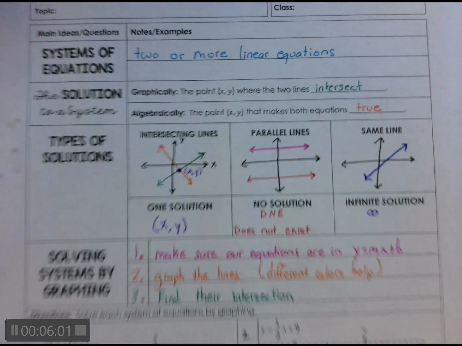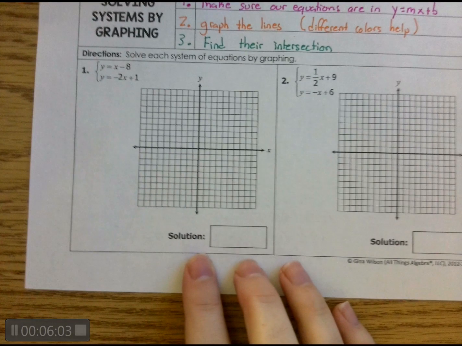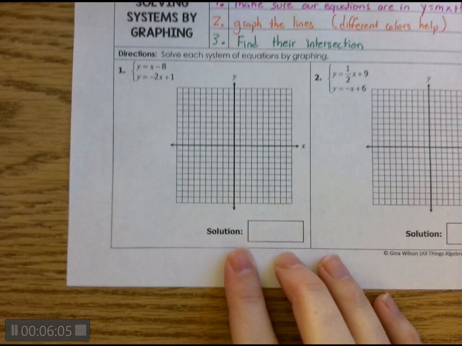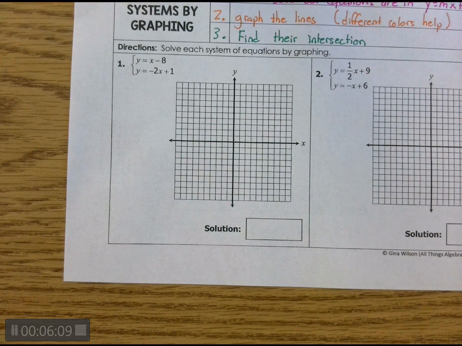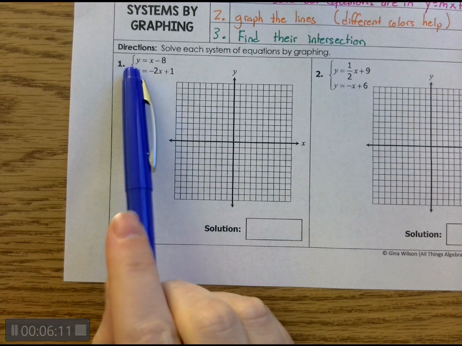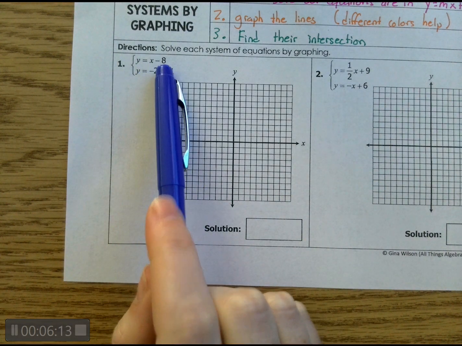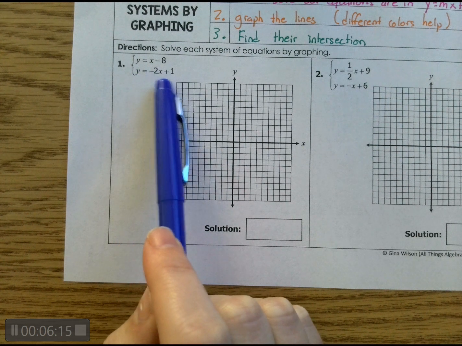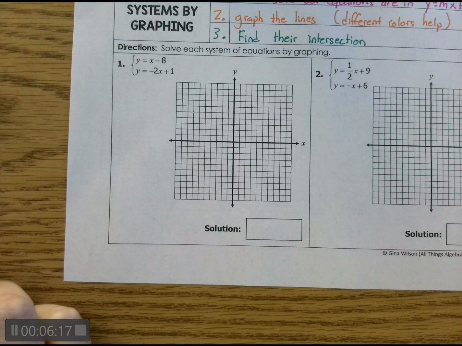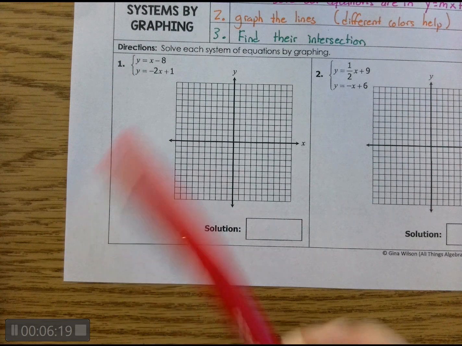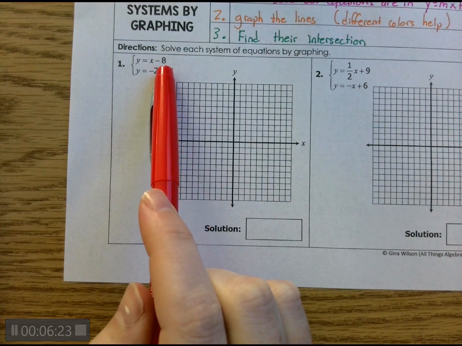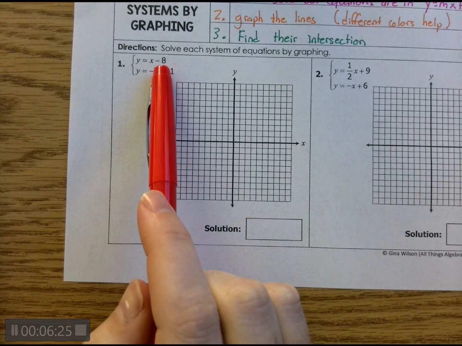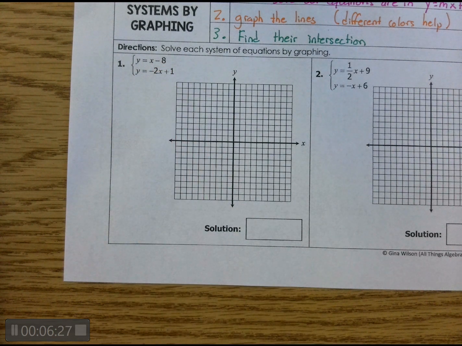Cool. Alrighty. So that's how we are going to solve our systems of equations. Alright, so now let's go down to our first example. So we have two lines. We have y equals x minus 8, and we have y equals negative 2x plus 1. So as always, start with your first line, and we are going to graph negative 8. Remember, this is our y-intercept.